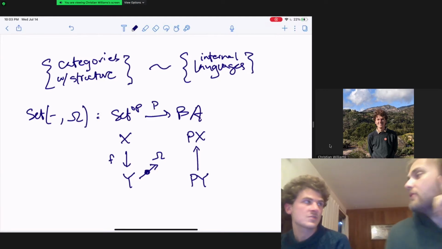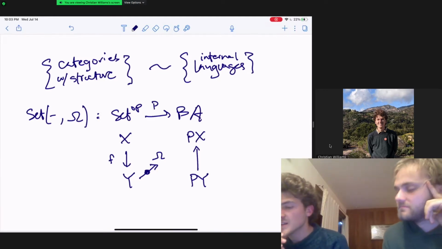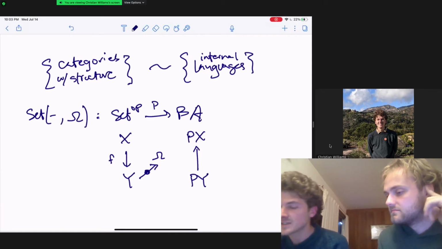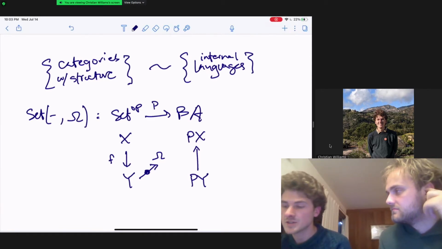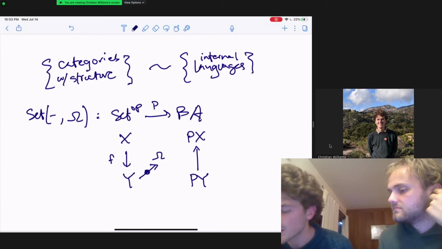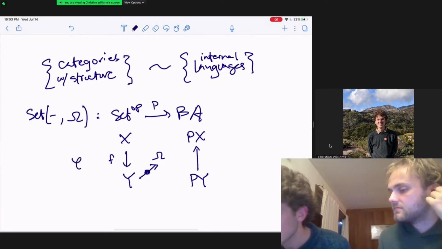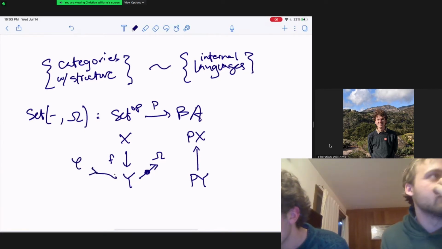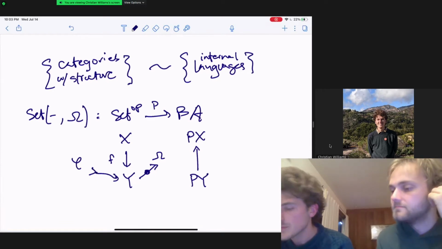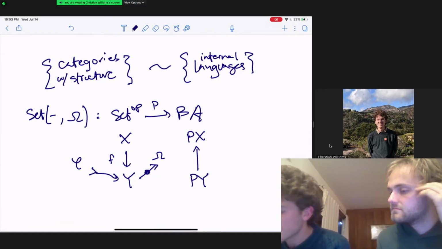You just precompose. So precomposition of predicates corresponds to preimage of subobjects, if we had taken the pullback here. Okay, I see what you mean by preimage now. Yeah, you can look at it either way.